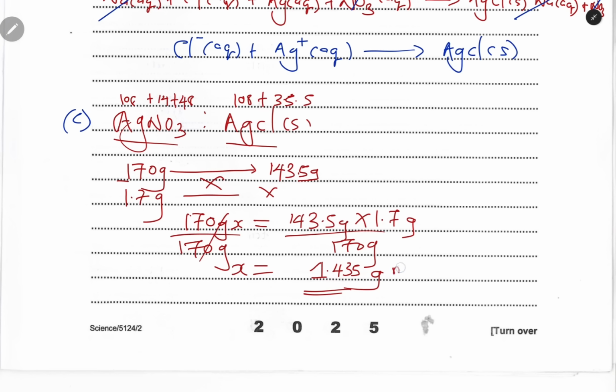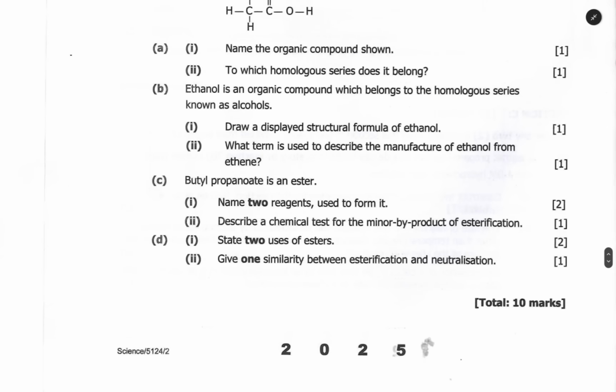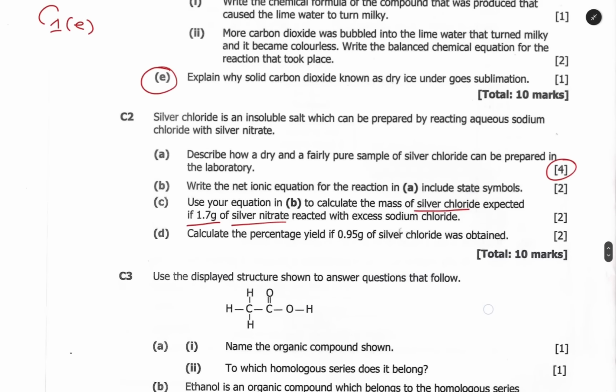Otherwise, this is the mass of Ag chloride produced. So this is what you call theoretical yield. Okay, so that is how we calculate this question.